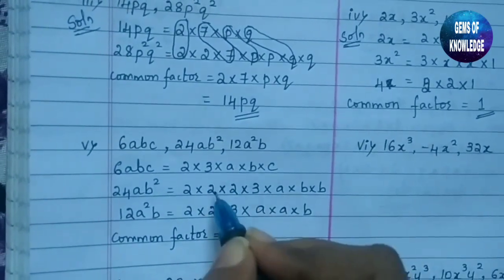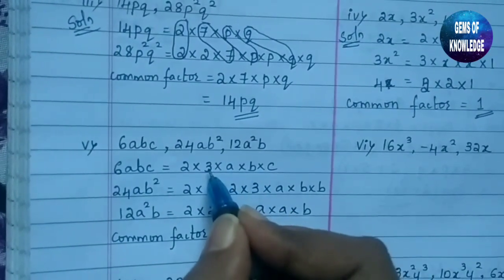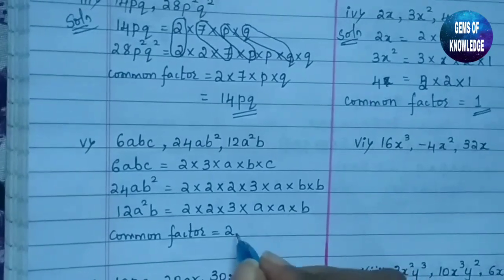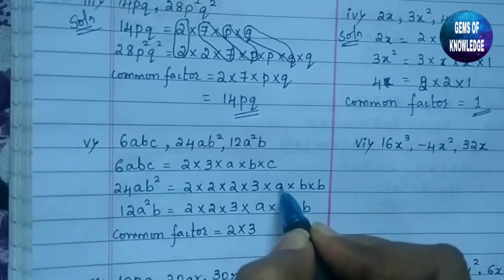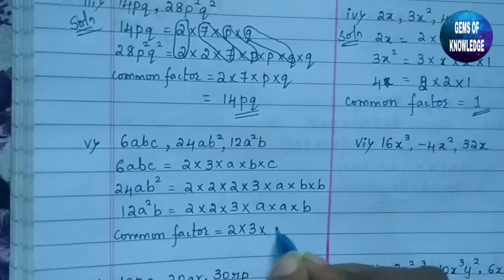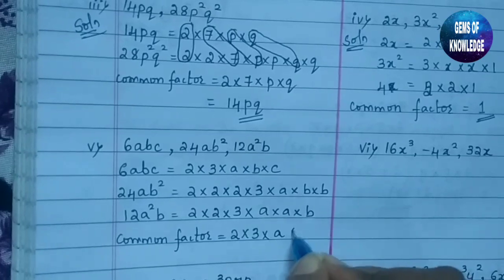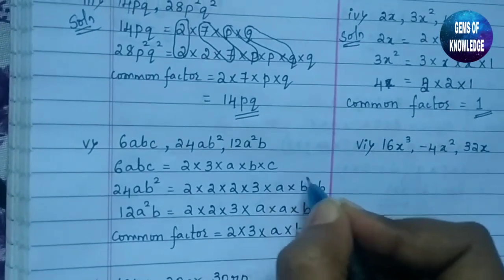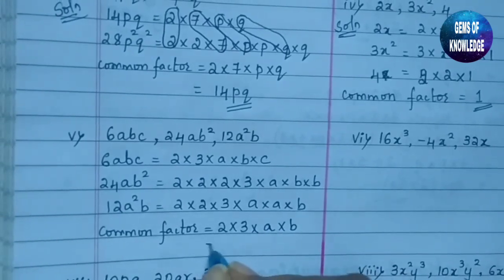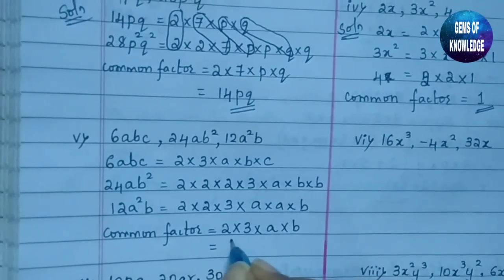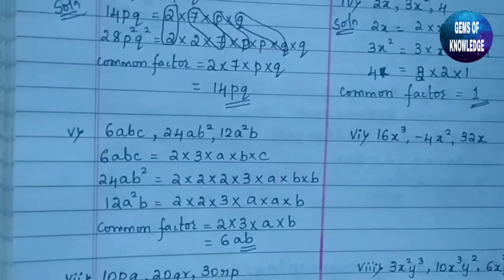Then you can see there is no 2 here. You can see 3, 3 and 3 is given. So I'll write 3 over here. Then you can see a and a is there here. Similarly you can see b, b and b is given. There is no c over here. So these are the common factors, that is 2 3s are 6. ab is the common factor here.